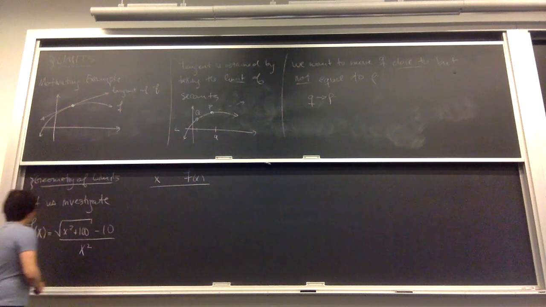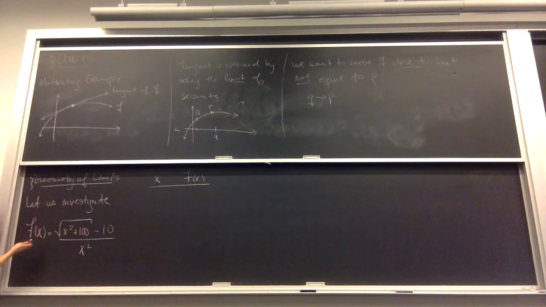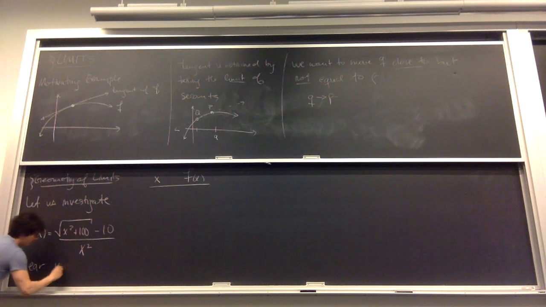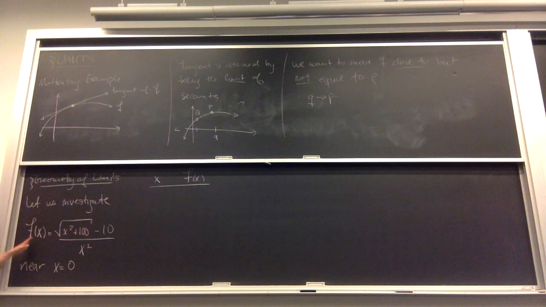And what I want to do is investigate this function near x equals 0. So what is the value of this function if I put 0 in? This is important. Maybe I'll ask this question on your midterm. It's undefined. Why is it undefined? The denominator will be 0.